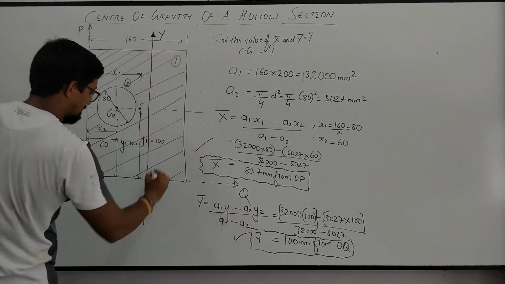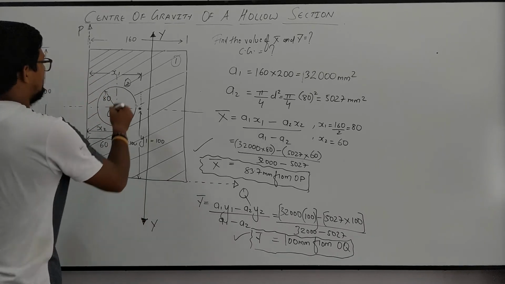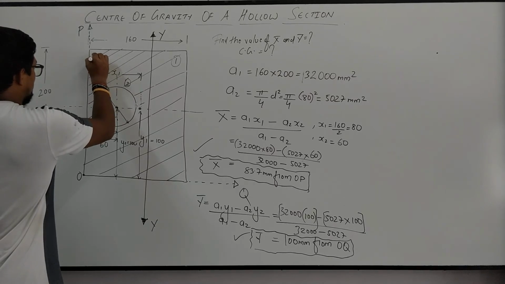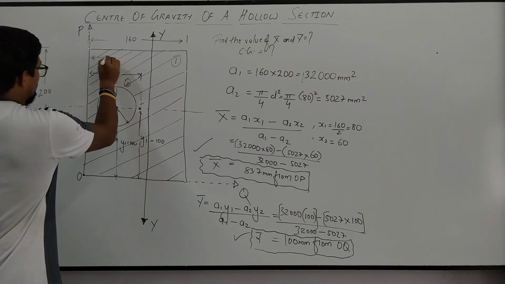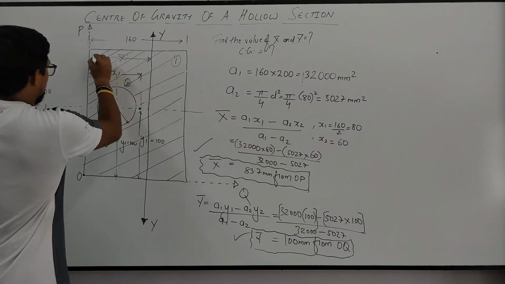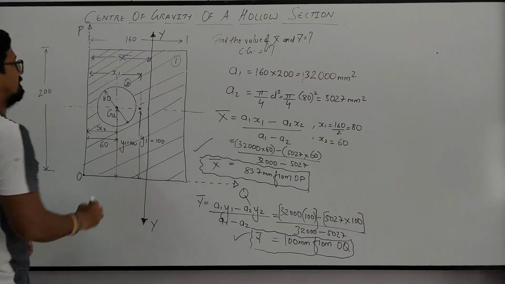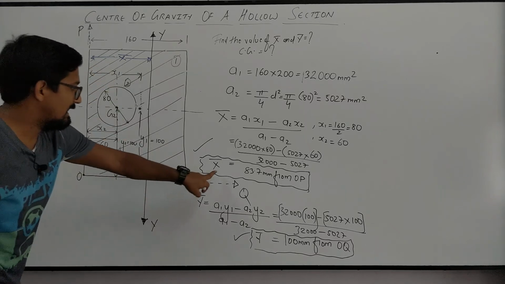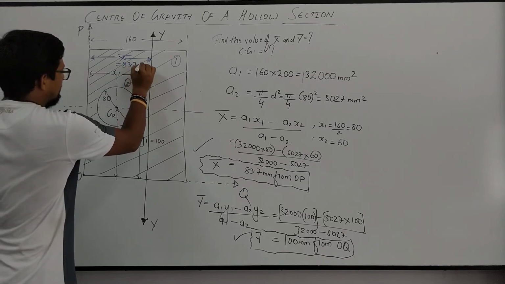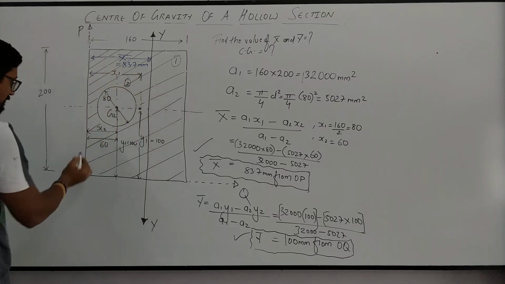This is the y axis and this value is X bar. So X bar is coming out to be 83.7 mm from OP.